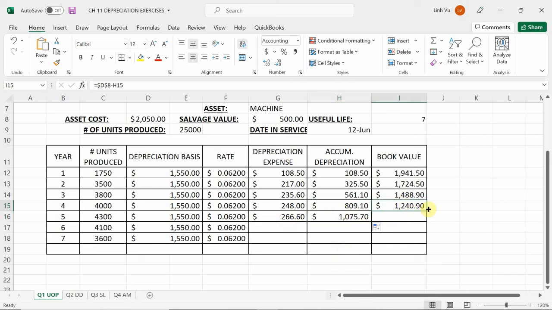Good. So then that should bring your book value to be 974.50. Good. We have two more left, so let's go ahead and just push through.